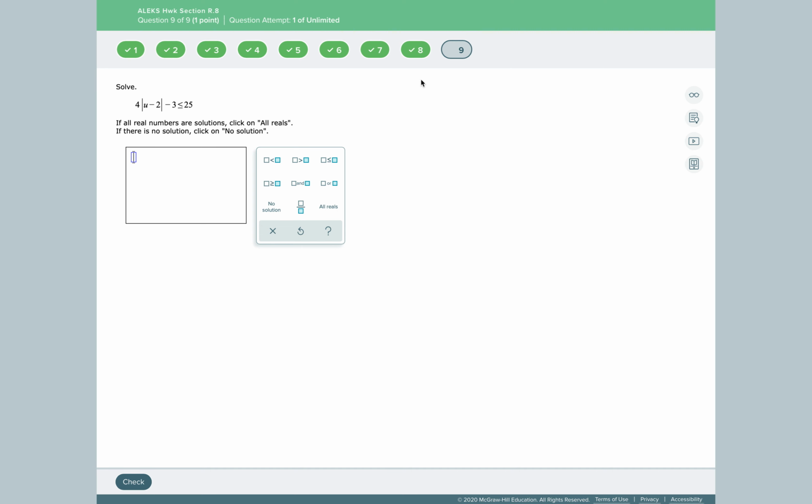Now in this remaining problem, we have a multi-step absolute value inequality. Here we have 4 times the absolute value of u minus 2, followed by the subtraction of 3, is less than or equal to 25. It says that if all real numbers are solutions, click on all reals.